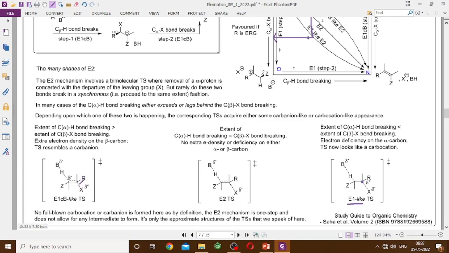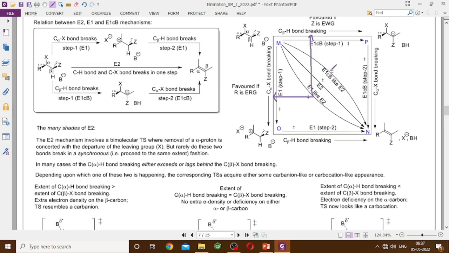If the CX bond has not been broken as much as the CH bond has broken, the carbon-carbon double bond is not forming uniformly, and we are having a buildup of a negative charge, excess electron density, onto the beta carbon. So that is an E2 reaction with an E1CB-like transition state.